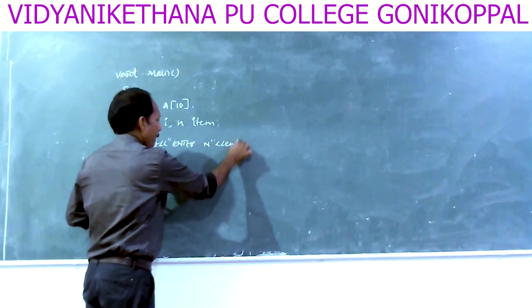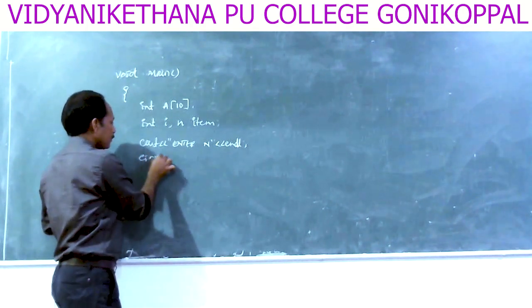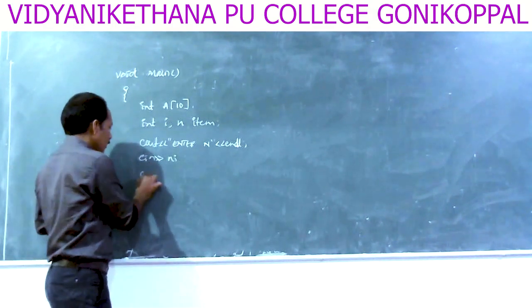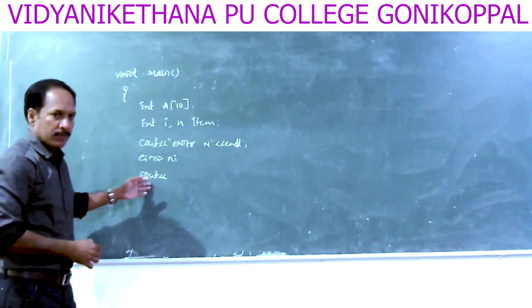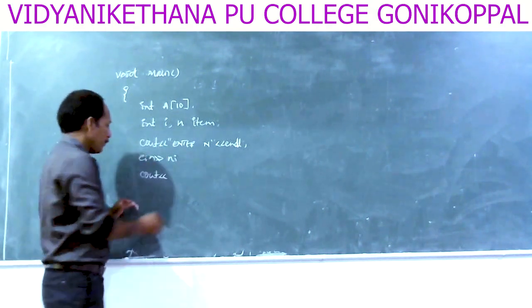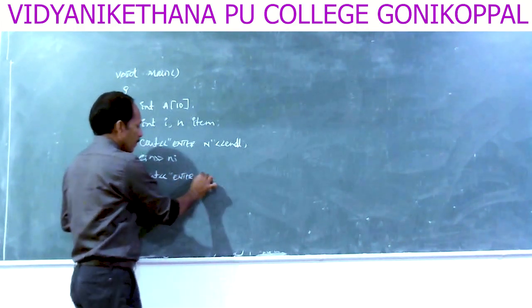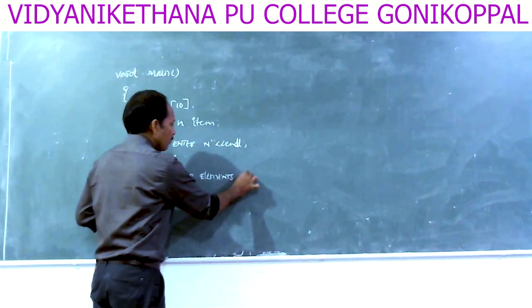Cout, endl. Next, cin n. This is the number of elements, like n we took 5. Similarly, n equals 5 or n equals 6, n equals 10, any number you can give. Next, enter the elements of the array.